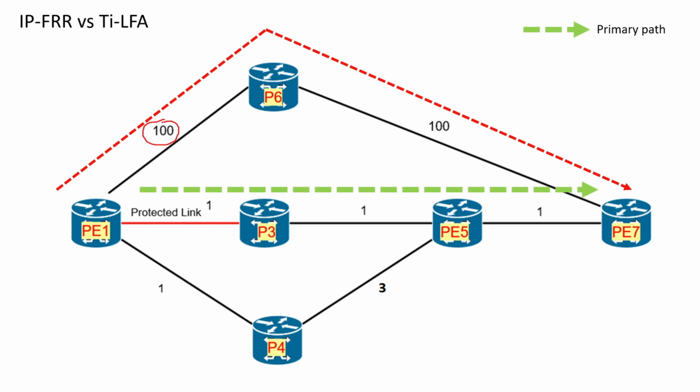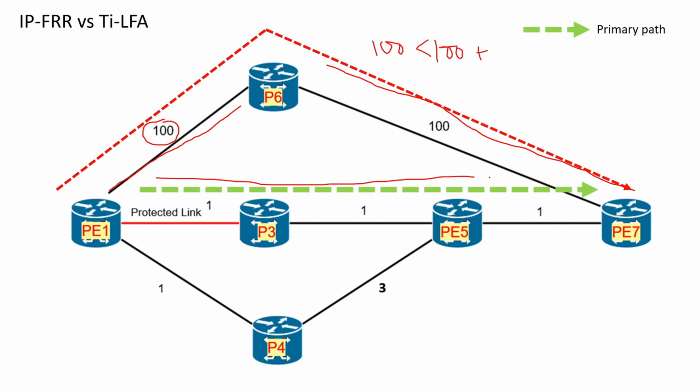If you remember the calculation, the distance between next hop and destination, in this case it is 100, should be less than the distance from next hop to source plus distance from source to destination. This is 3.